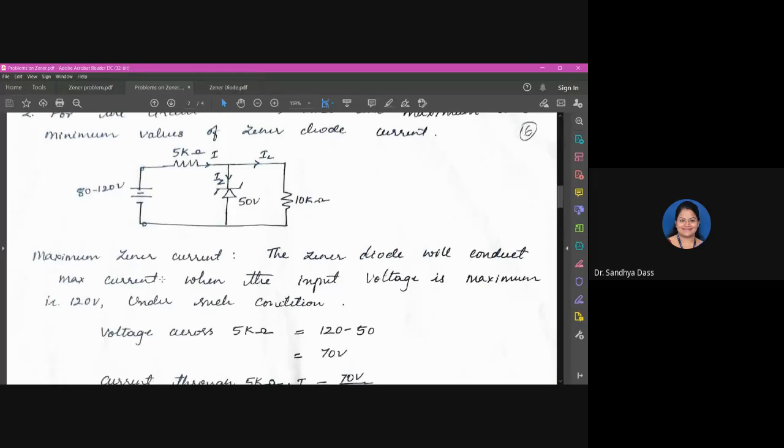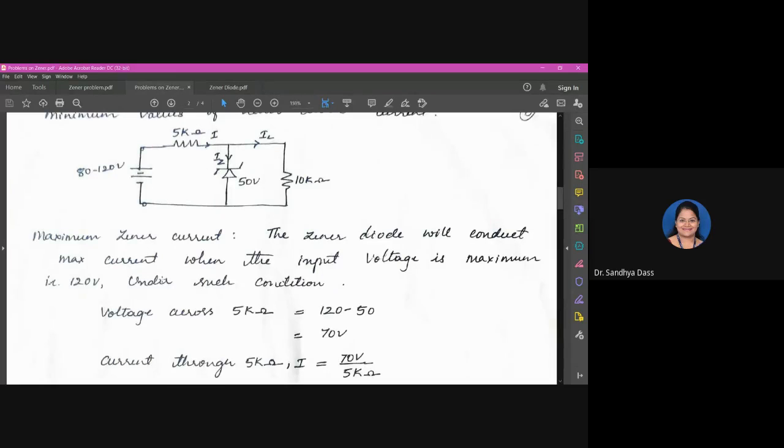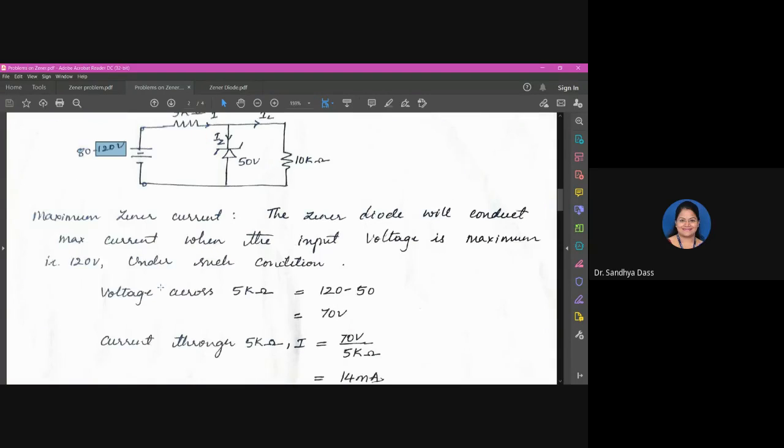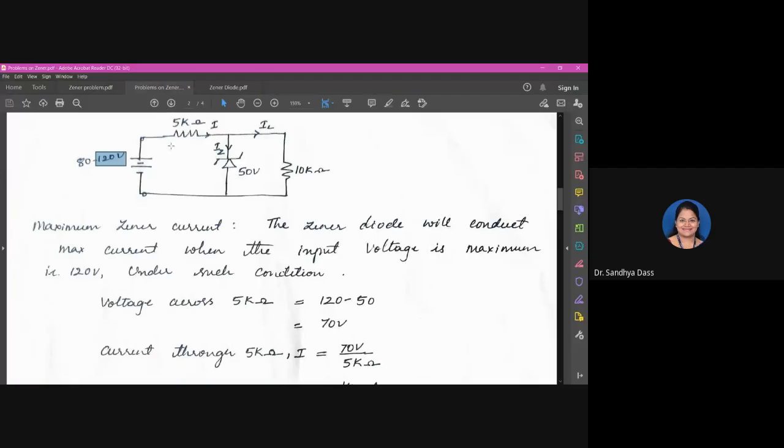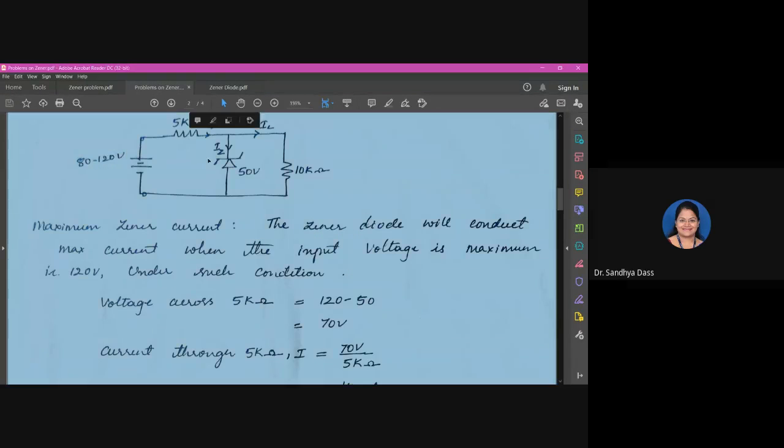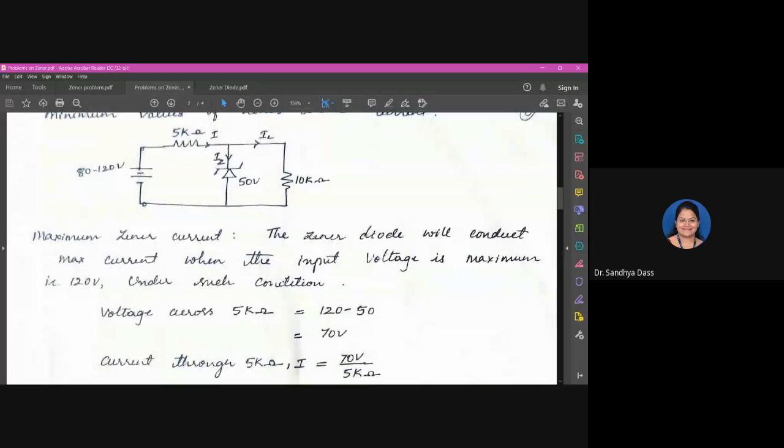To calculate maximum Zener current, first assume that the input voltage is maximum. Take input voltage to be maximum and see what the value will be. Now calculate the voltage across this 5 kilo ohm resistance, applying KVL.